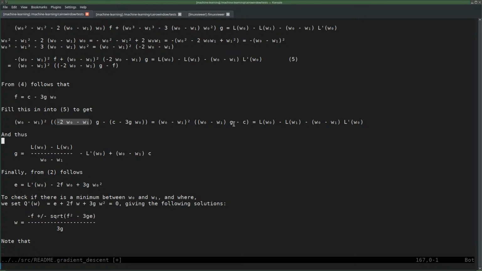Now, then we can solve G from that. G is then this minus that. There's definitely something fishy here.